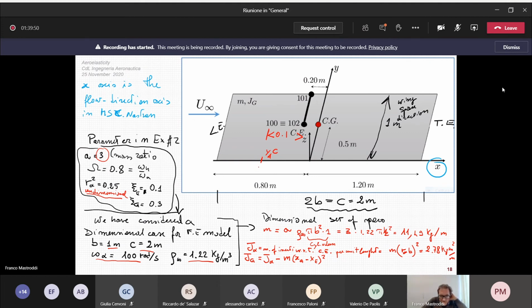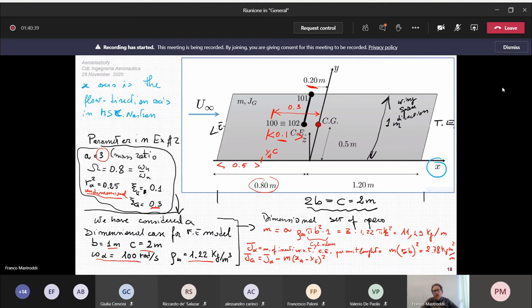From here to here is 0.5. So you have 0.1 and 0.20, which is 0.3, the distance between the 1/4 chord and the center of gravity. 0.5 plus 0.3 is 0.8.